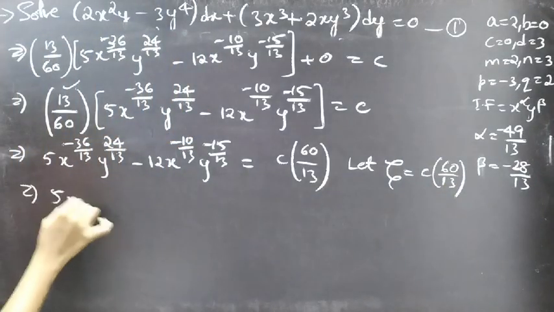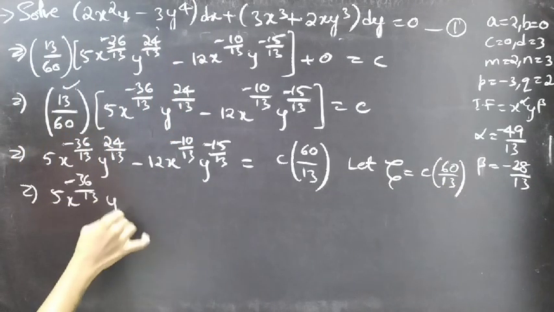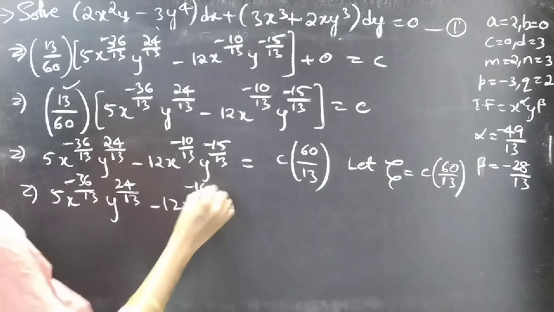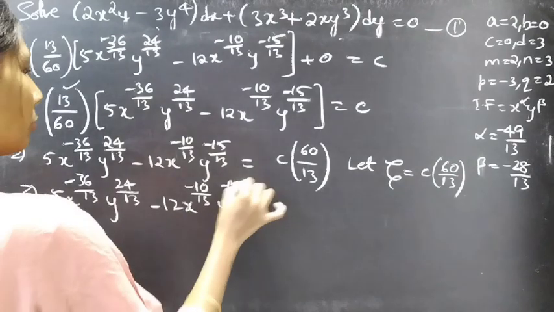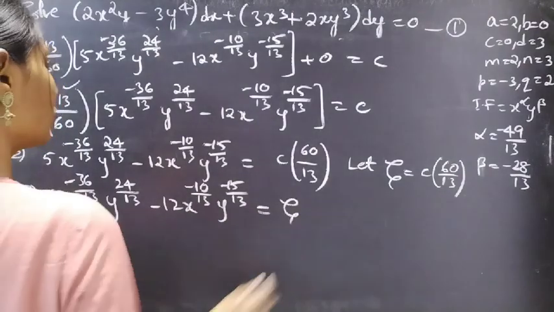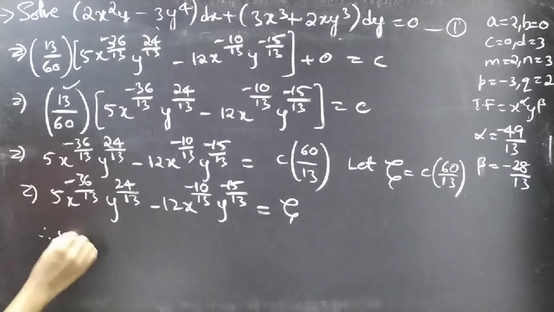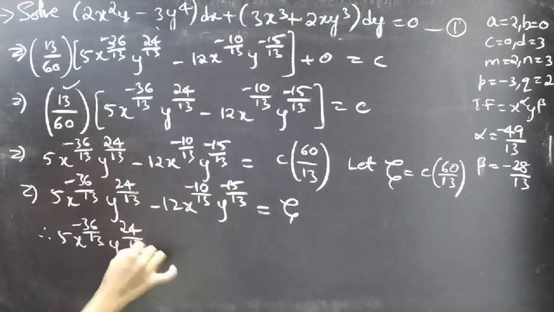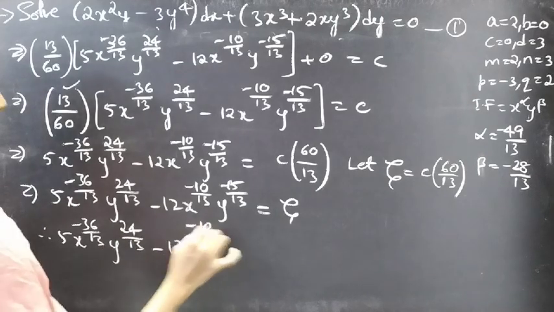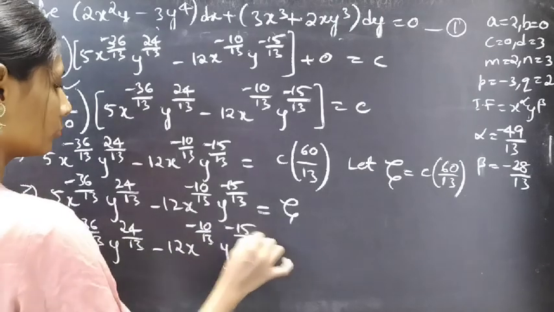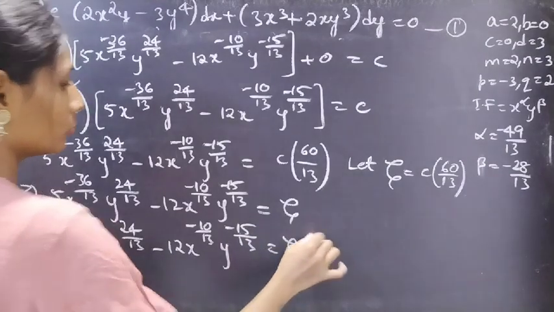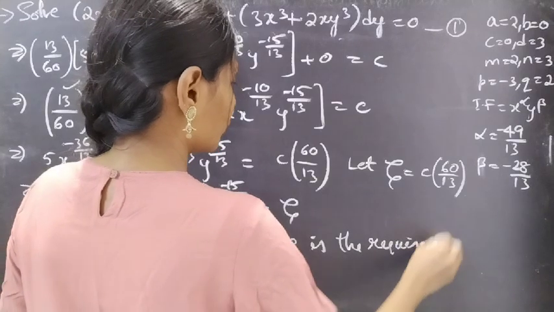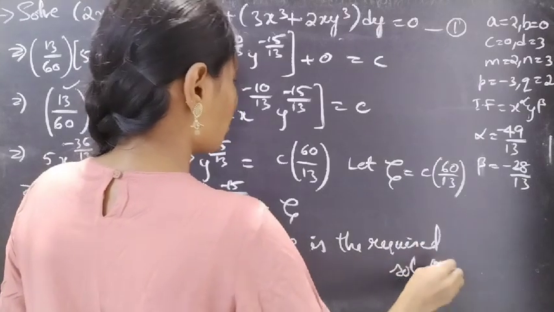Then we'll get 5x power minus 36 by 13, y power 24 by 13, minus 12x power minus 10 by 13, y power minus 15 by 13 equal to c, which is the required solution. Which completes the problem.